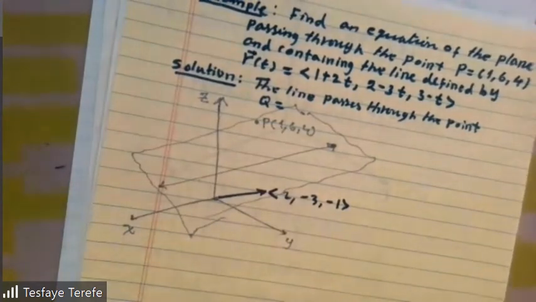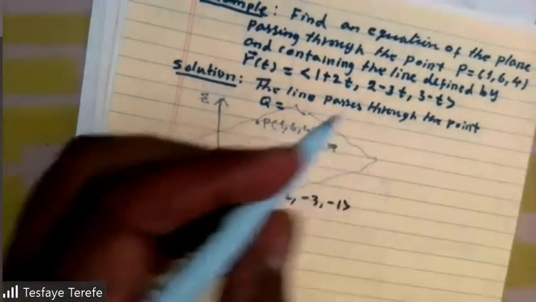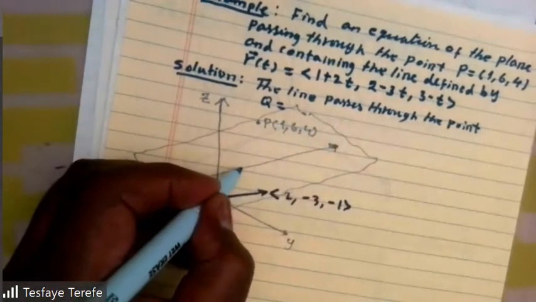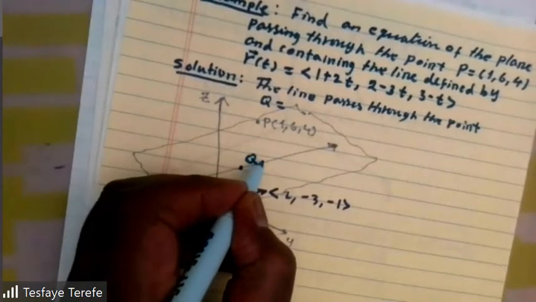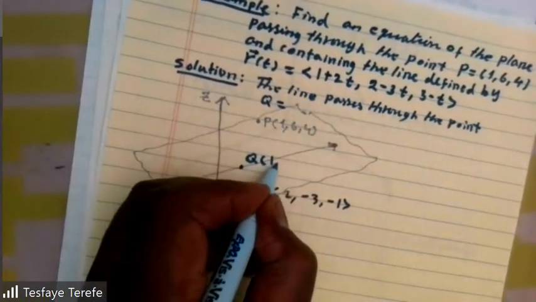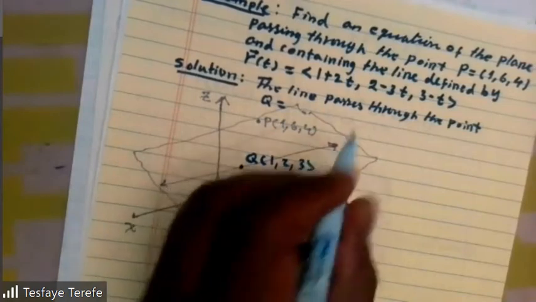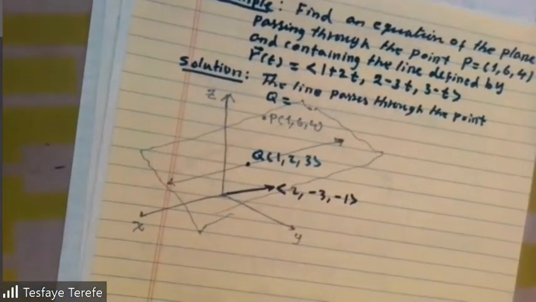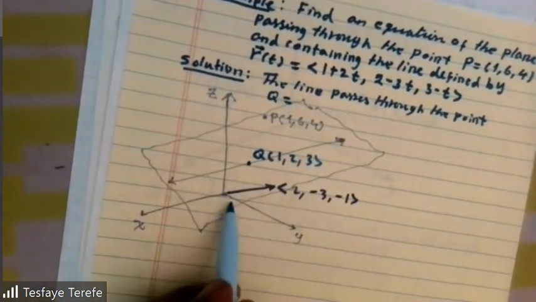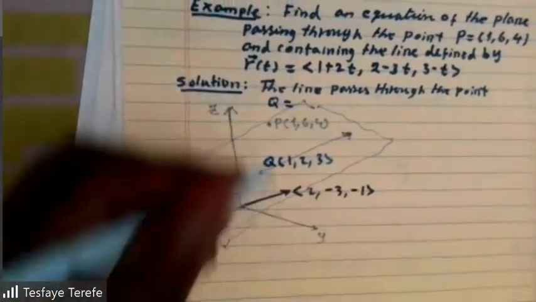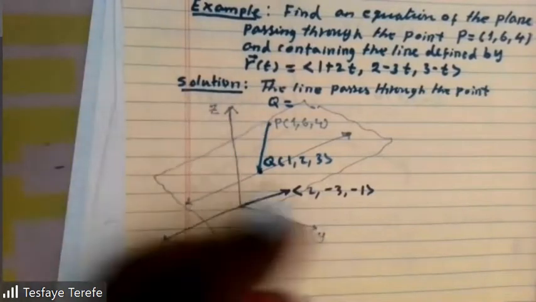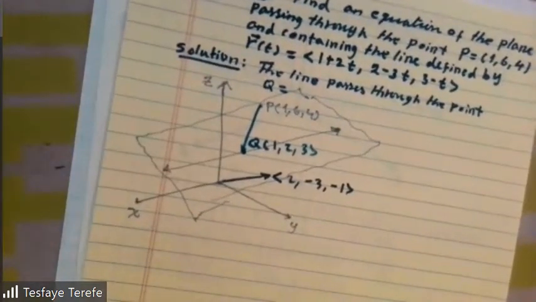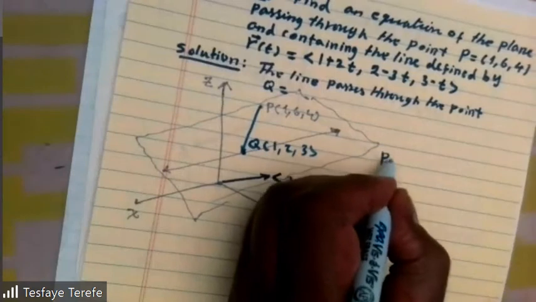We have that. And by the way, this equation has a point on the line. Let's say we call it Q. Point Q has coordinates (1, 2, 3). Then now I have one vector already here, and I can find another vector, PQ, for example. And then I can take the cross product of the two. Let us call this vector PQ.